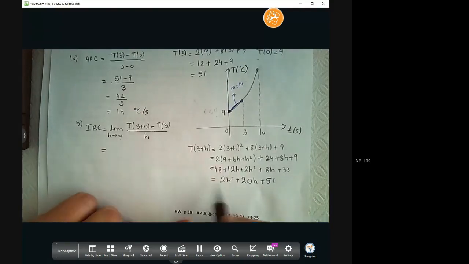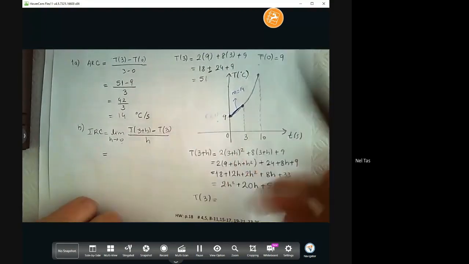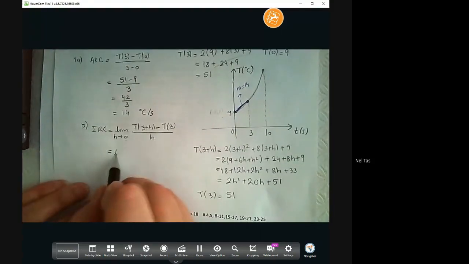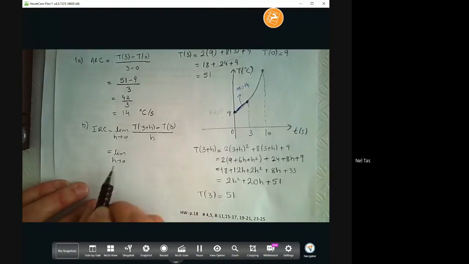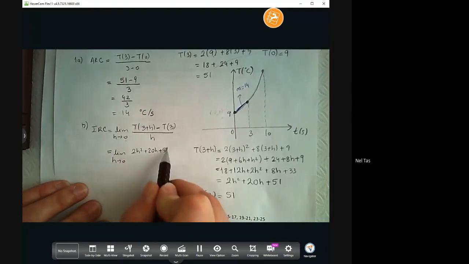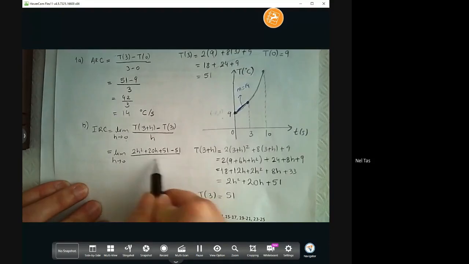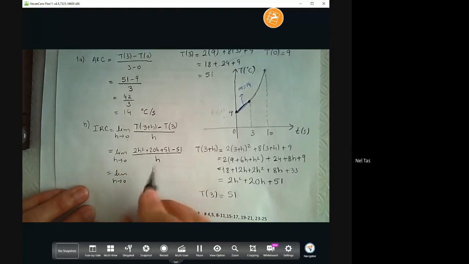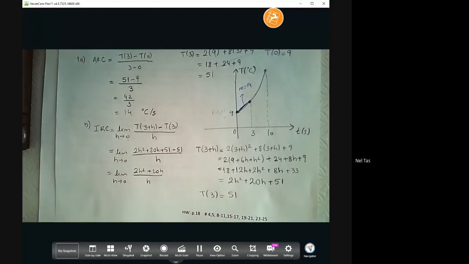Okay, I also need T of 3, but I already calculated it in the previous question, which is 51. Okay, now I can put this information here. Limit as h approaches 0, 2h squared plus 20h plus 51 minus 51 over h. Limit as h approaches 0, so 51 and 51 is gone. 2h squared plus 20h over h.